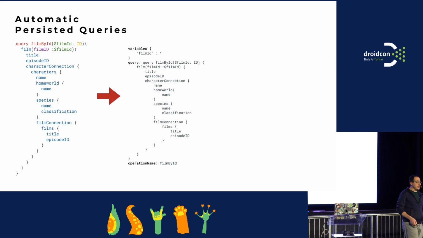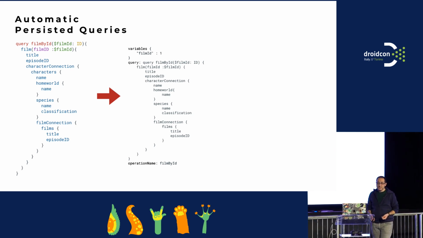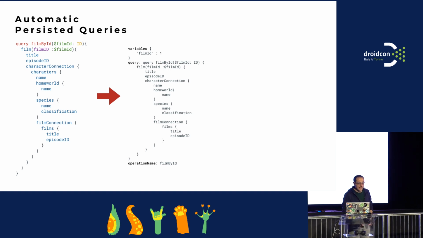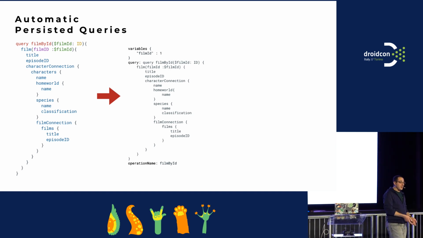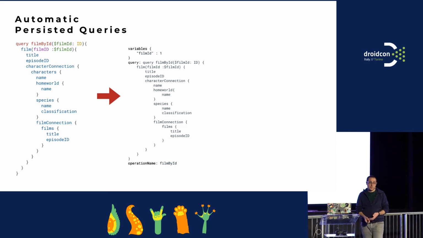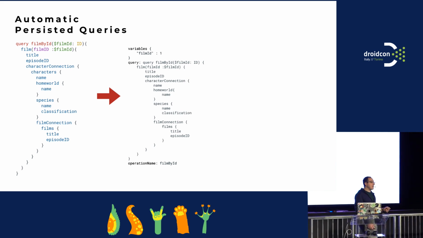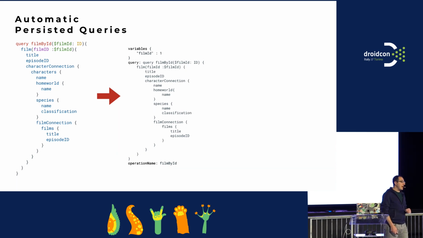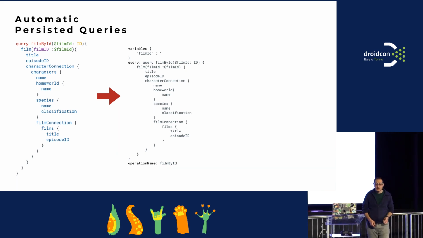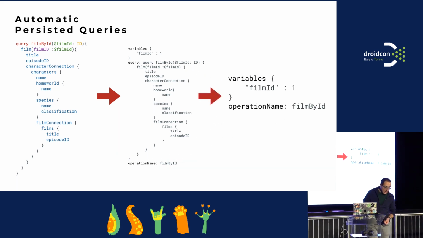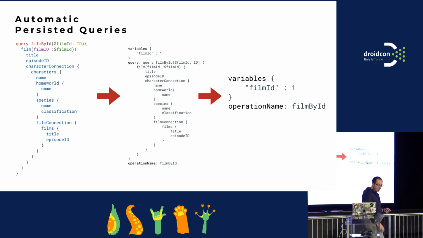I mean, it's important once, but since we already talked about the fact that we have the query inside our code, well, it's not going to change unless we change the app. So the only thing that actually can change in this request from one execution to the other are the variables and the operation name.